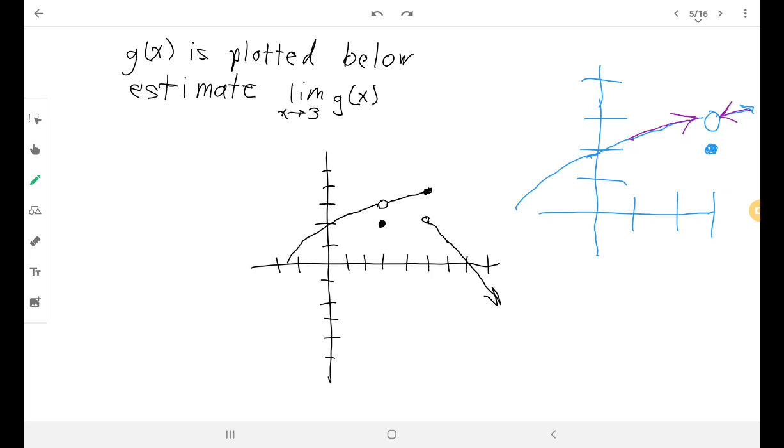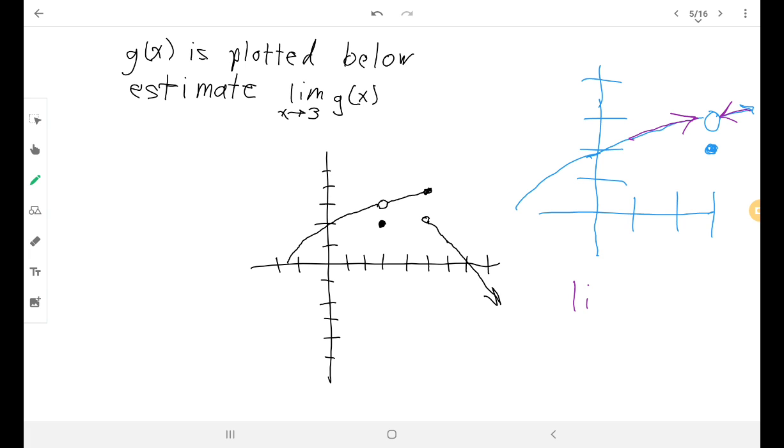So are we approaching the same thing from both the left and right? Yes, we are. Okay? Then the other part is what is that value? So the limit exists because we are approaching the same thing from both sides. And now, what is that limit?